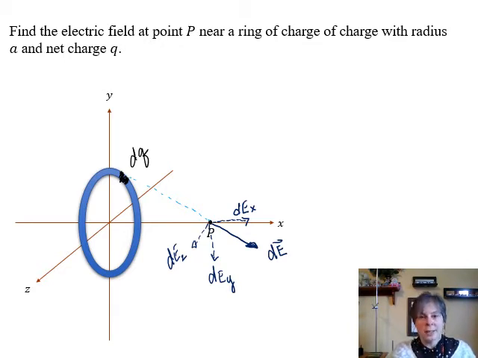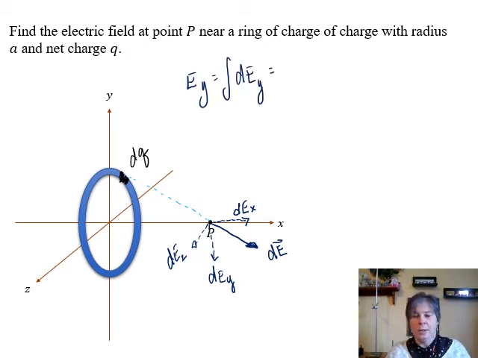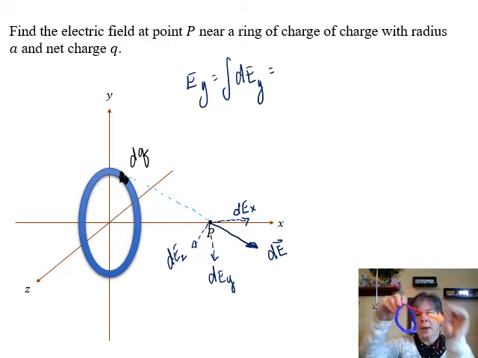First, why don't we pause and think about the symmetry a little bit? Is anything going to cancel? So we know that our Ey is going to be the sum of all the little dEys. Let's look at that one. For my ring, anywhere on the top half of the ring, the electric field is going to point down.